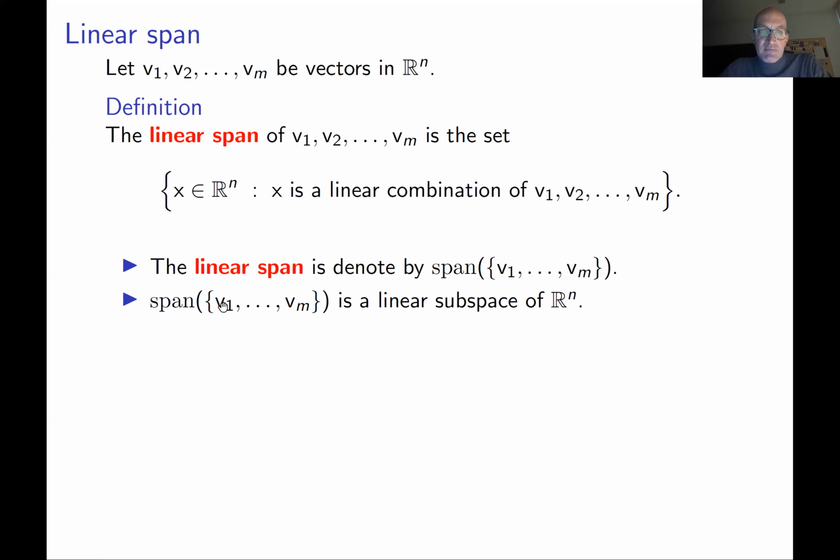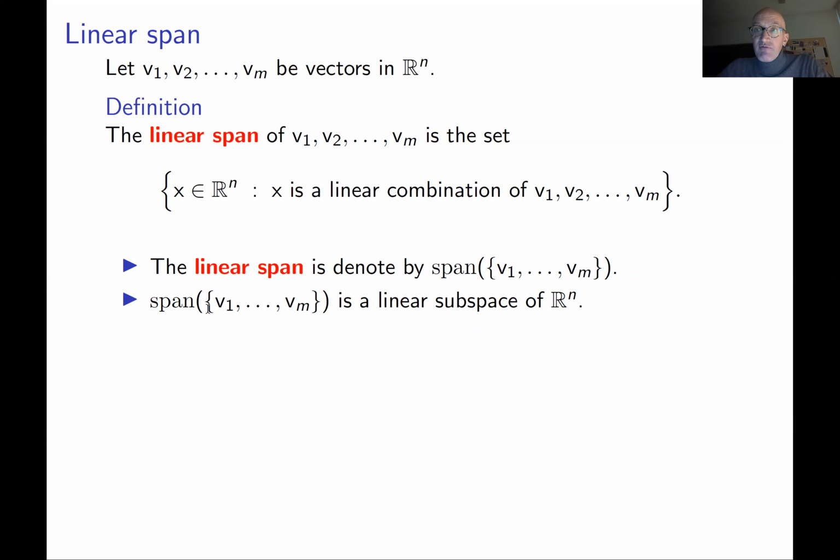Yeah, and the first important observation or remark or lemma, whose proof is in the lecture notes or in the book, is that the span of given vectors is a linear subspace of this n-dimensional space. So if you take n-dimensional space, Rn, and fix some vectors v1, ..., vm in this space, then the span is a vector subspace.